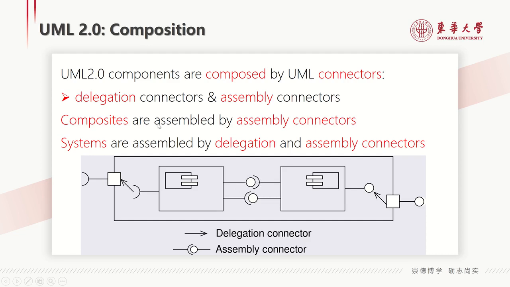Components are composite assembled by the assembly connectors. So these components are assembled by these assembly connectors. Systems are assembled by delegation and assembly connections, which means, for example, if this one is a system, the subcomponents inside the system, we're using a delegation connector to connect the interface of this system and the interface from its subcomponents.